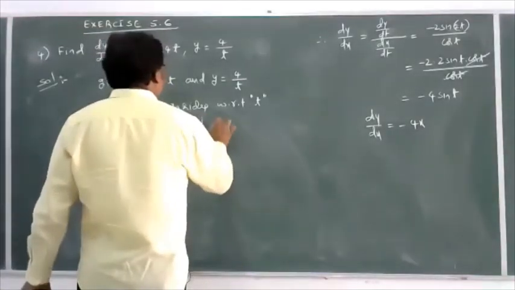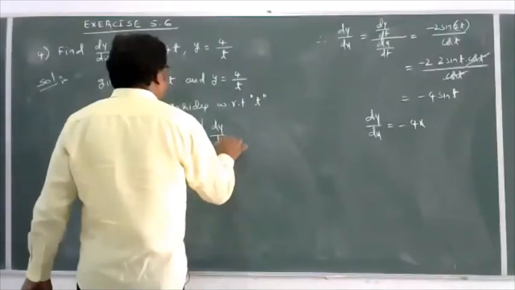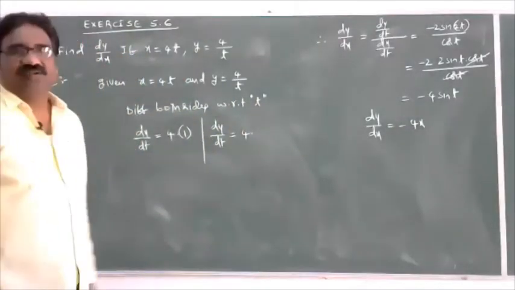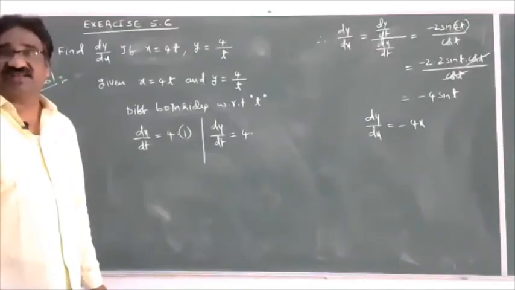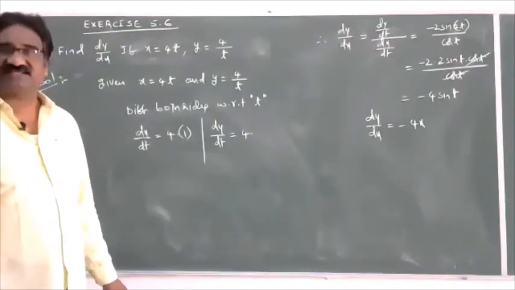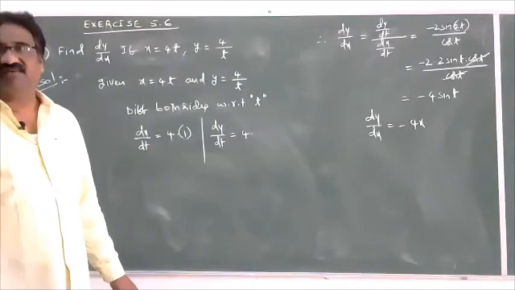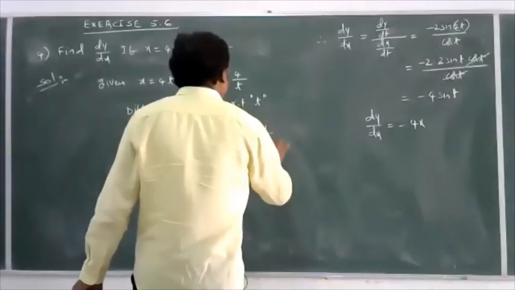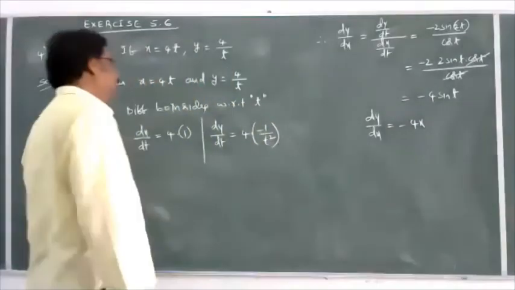Y derivative with respect to t, dy by dt is equal to 4 into 1 by t derivative. What is 1 by x derivative? Minus 1 by x square. Like that, 1 by t derivative is minus 1 by t square.